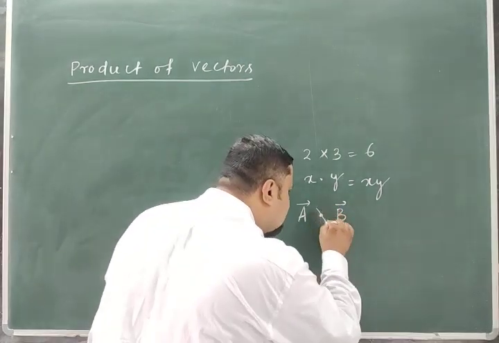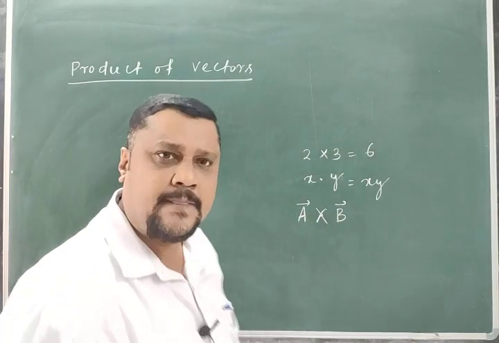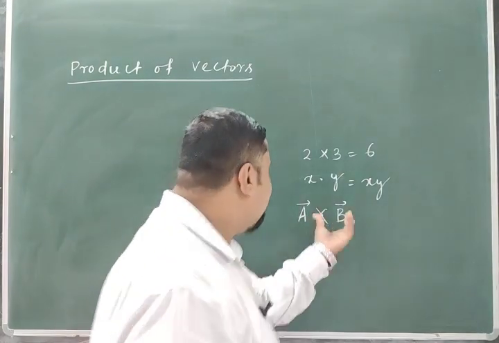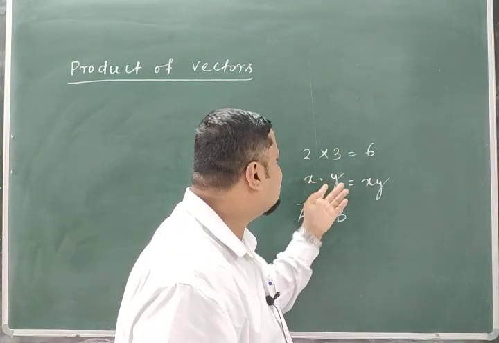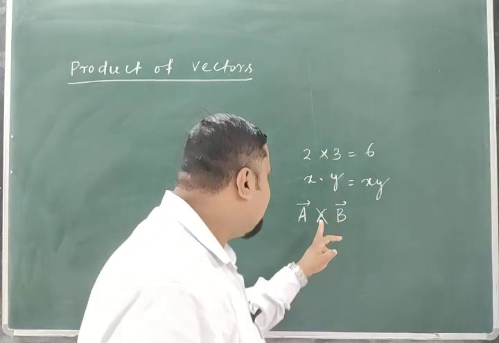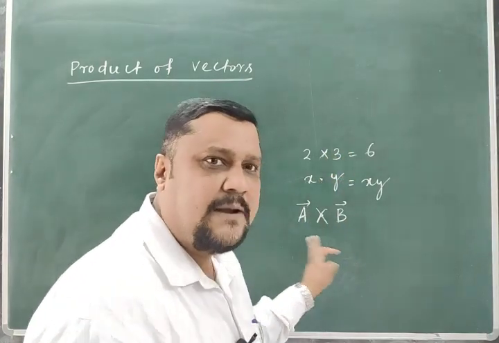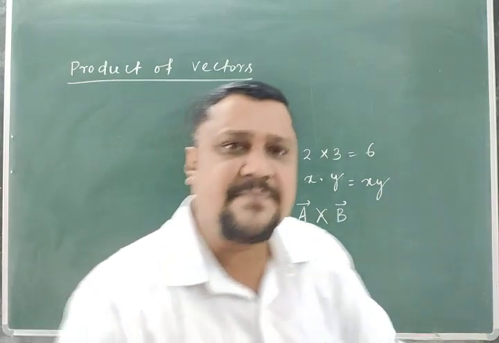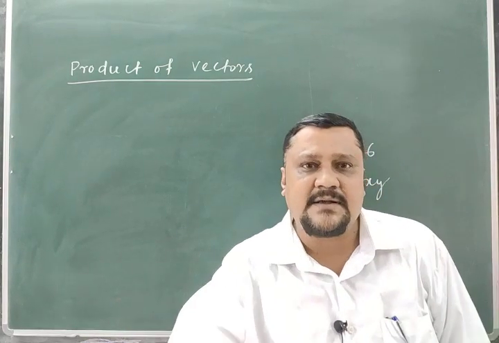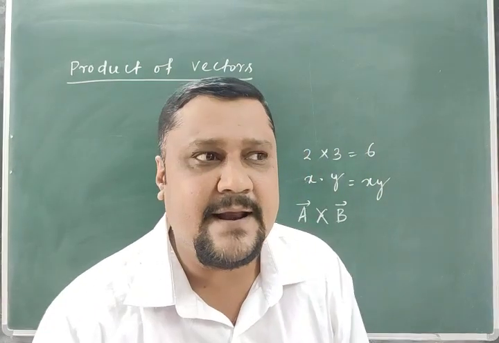If I put a cross, its meaning is different. In the scalar case, both are the same thing, this is multiplication. But here, if there is a dot between the two vectors, it is something different, and if it is a cross, the meaning is something different.